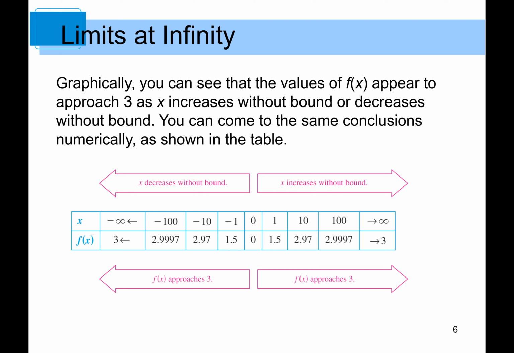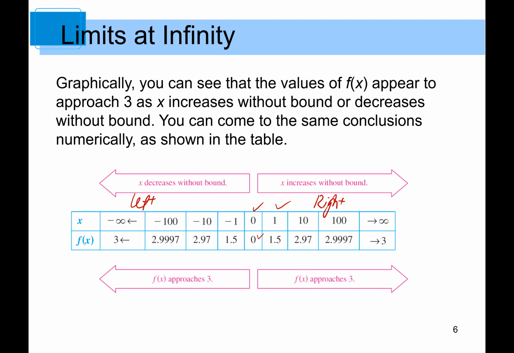You can also use the table method, meaning construct a table, pick some values from the left hand side of 0 and pick some values from the right hand side of 0. This is left, that's right. And then you look at how the y value changes based on the corresponding x values. As you can see, when x equals 0, the function y value equals 0.